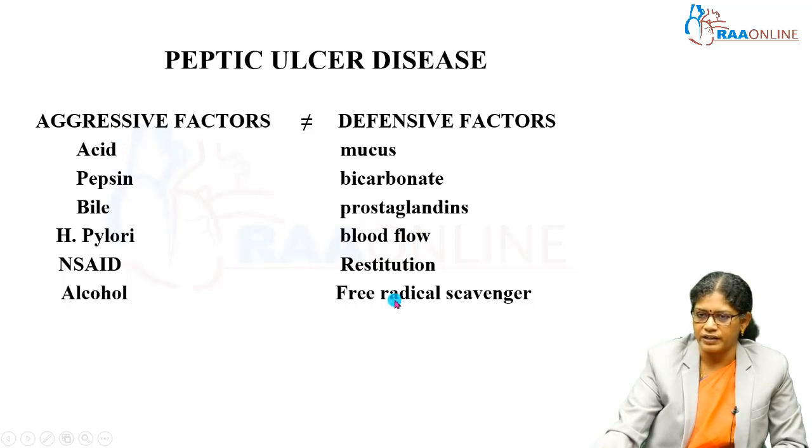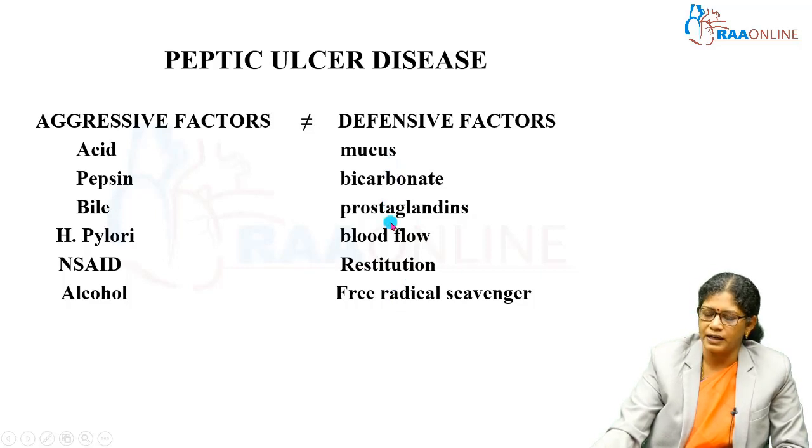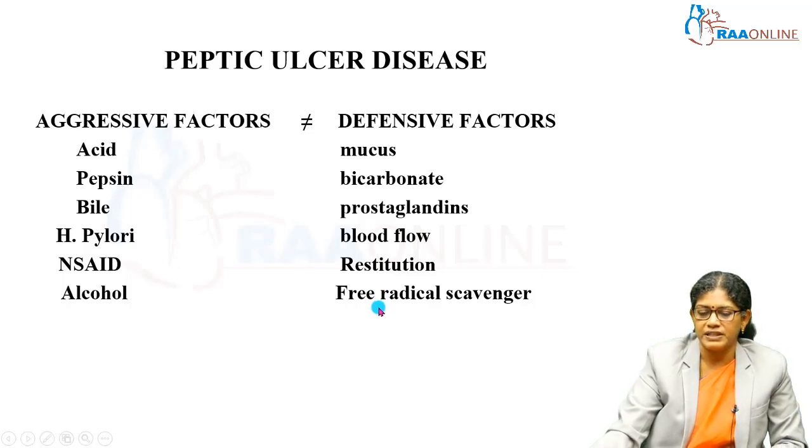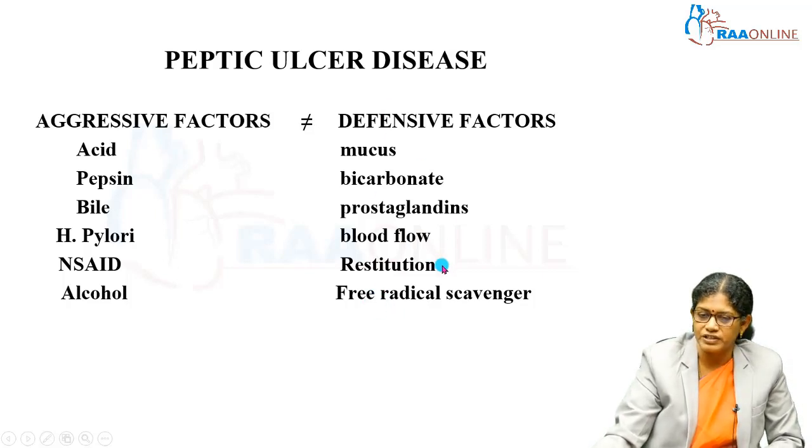The defensive factors are mucus, bicarbonate secretion, prostaglandins which are secreted in our gastric mucosa, the blood flow to the stomach, the general constitution of our body, and free radical scavengers, that means antioxidants. These are the defensive factors which nullify the effects of the aggressive factors.